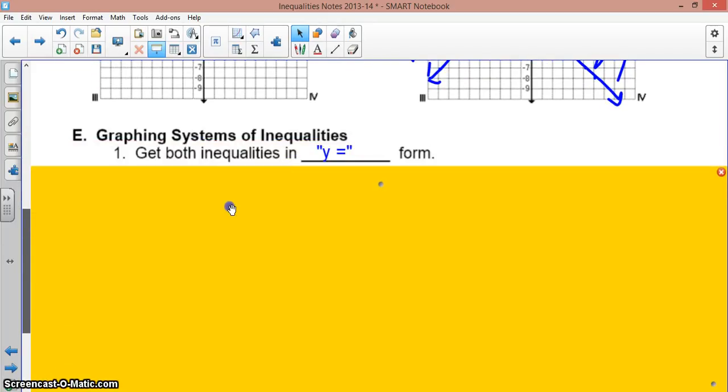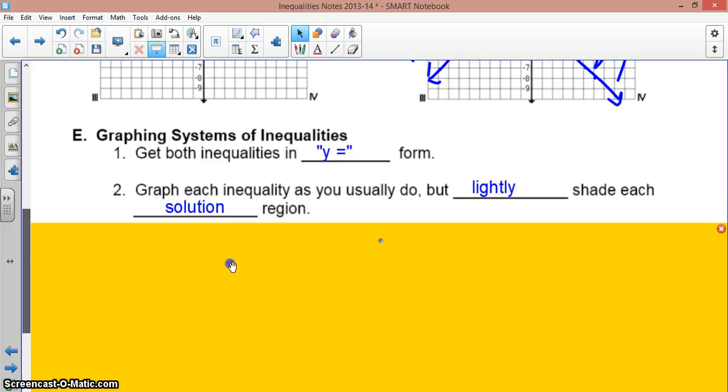Alright, the next part of our lesson is graphing systems of inequalities. So that means we're going to have two inequalities that we have to graph at the same time. So to do this, you want to make sure you get both inequalities in y equals form. Again, it just basically means get the y by itself.